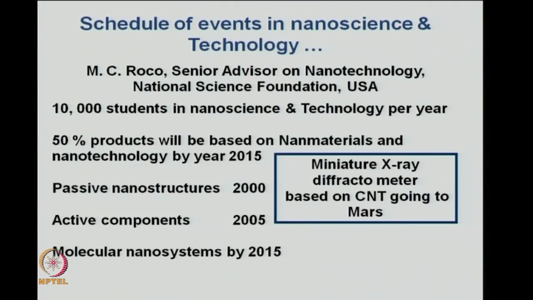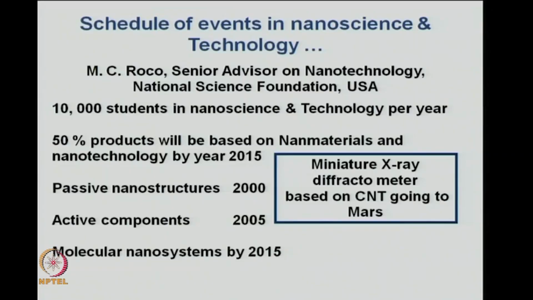And many devices are already being manufactured, like passive nanostructures and active components, and even small components; miniature X-ray diffractometers based on carbon nanotubes have already been made, which are on a space mission to Mars. And there will be several molecular machines by the year 2015. This has been predicted by the senior advisor on nanotechnology of the National Science Foundation.